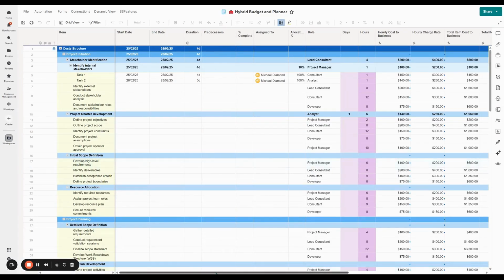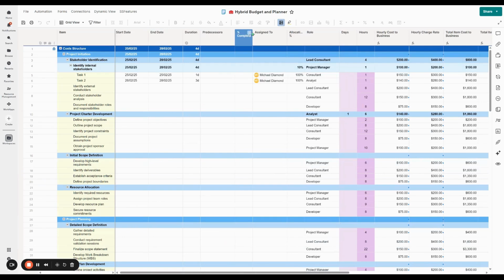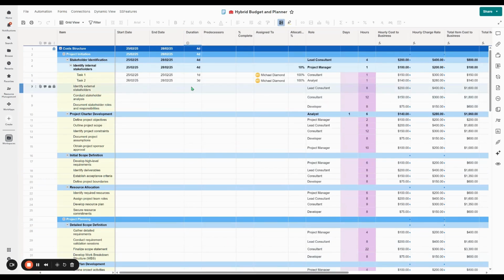And so what you can see here is all of these columns here are what you would expect to see in a typical project plan. A schedule with the duration, being able to have your dependencies or predecessors, and assigning work and having a percent allocation and completed. So that's all really normal project delivery stuff.